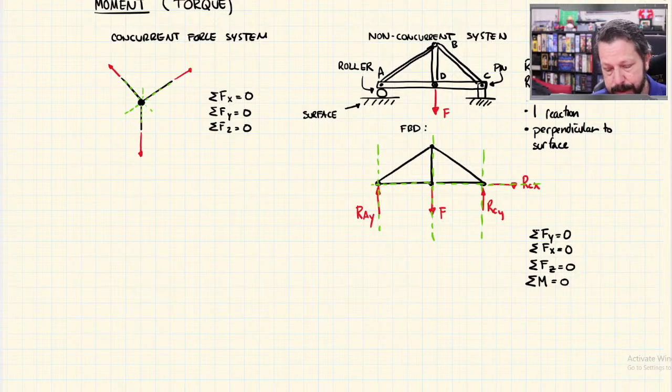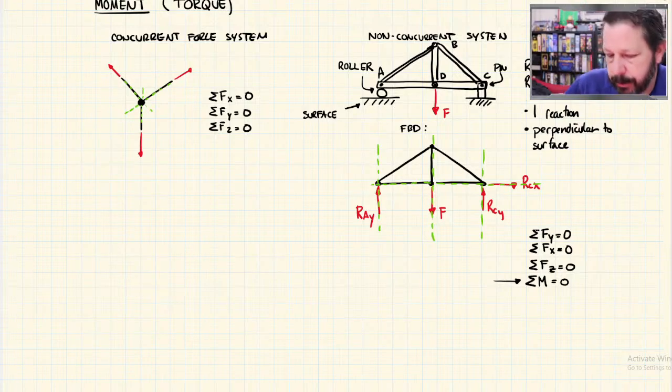But now I've got forces scattered everywhere, and so if I don't have some equation that is telling me, no, this truss in the real world is not rotating about any of these points, then I leave that open. So I'm going to add this equation for non-concurrent force systems. I guess you can write it for concurrent force systems, but it just ends up saying that 0 equals 0, so it doesn't do anything. But here, I need to be able to add that.